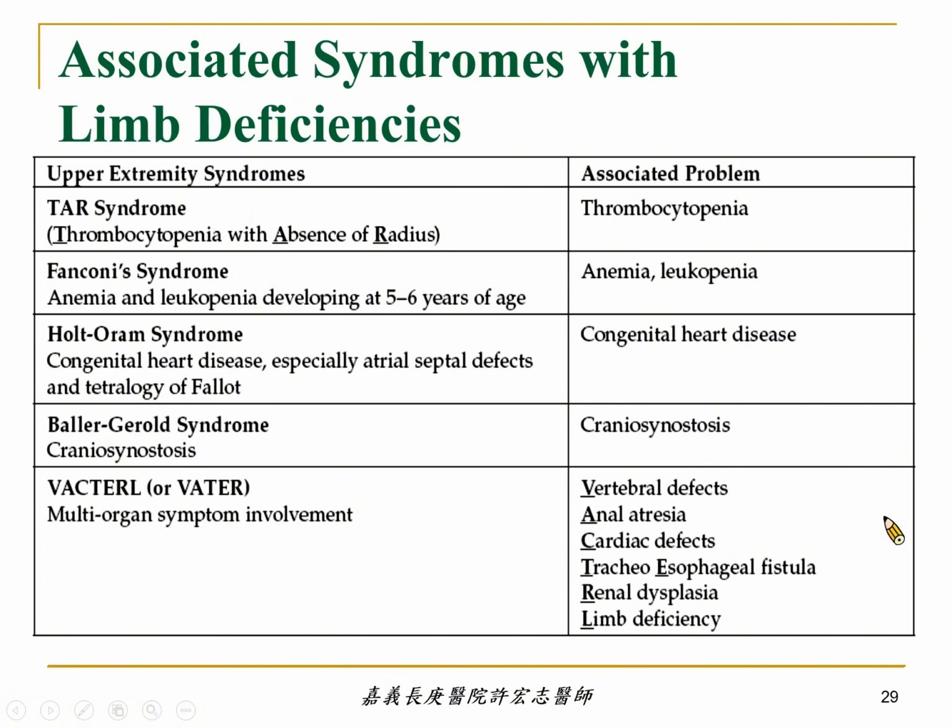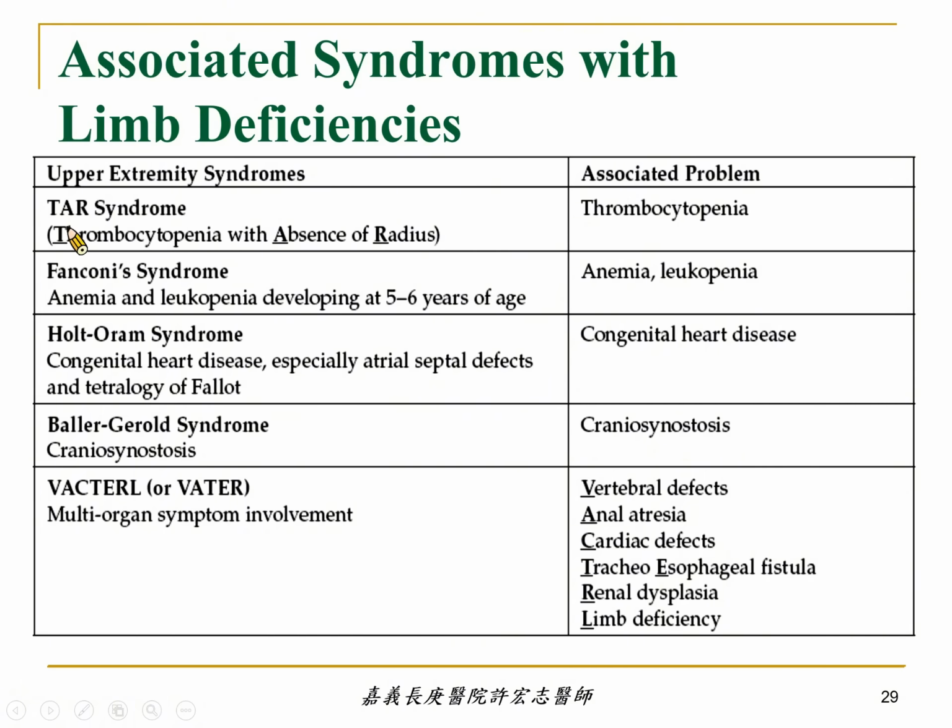There are several of them. Among them, the TAR syndrome, the Fanconi syndrome, the Holt-Oram syndrome, the Baller-Gerold syndrome, or VACTERL syndrome, which I can introduce to you later one by one.